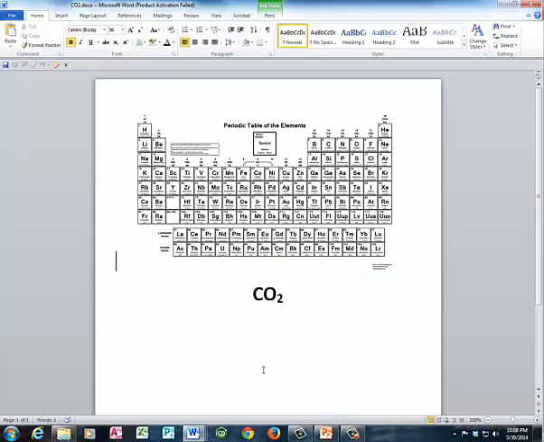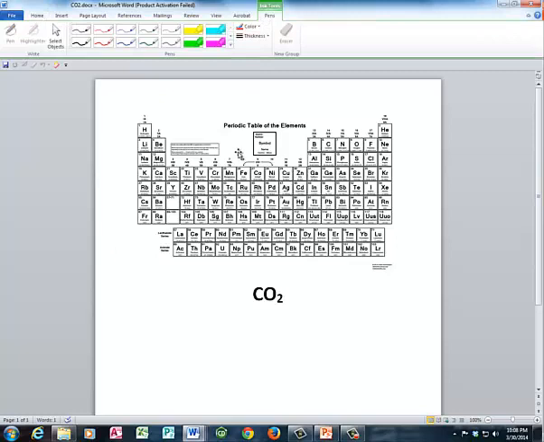Let's take care of carbon dioxide. Now, carbon dioxide is a molecule, it's not an ion, but we're going to find out a couple of things about it. First things first, let's count up the number of valence electrons. Carbon is in group 4, so it's got 4 valence electrons.